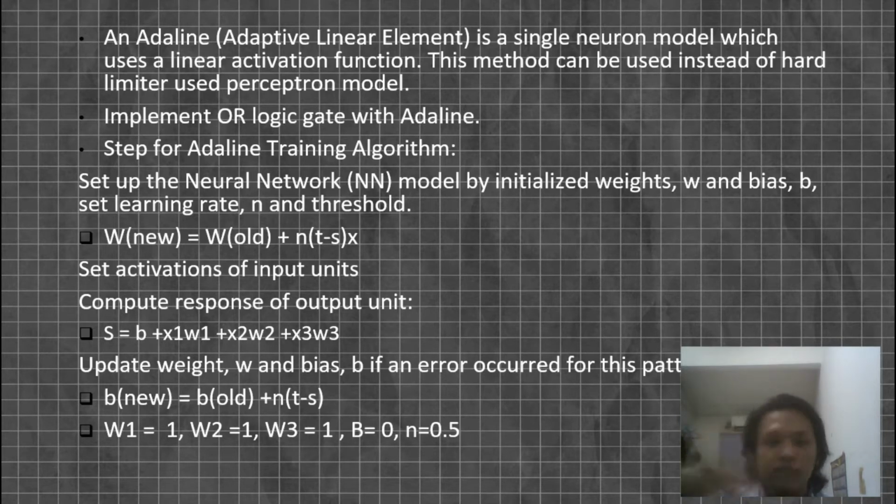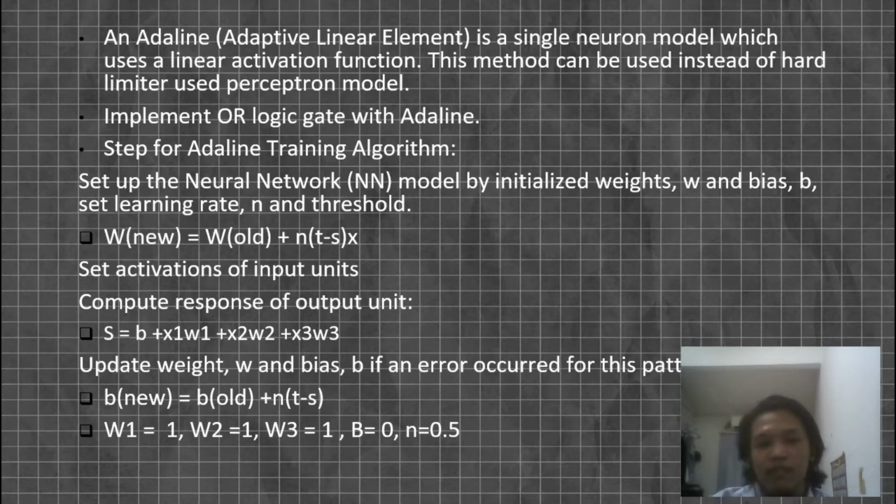First, we need to set up a neural network model by initializing the weight W, the bias B, and setting the learning rate N and the threshold.